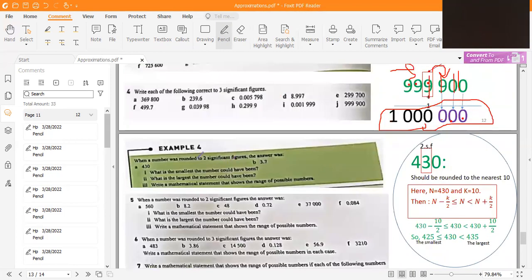When a number was rounded to 2 significant figures, the answer was 430. So we have the answer of the rounding process, but we want to ask about the smallest number that could have been, or the largest one, and write a mathematical statement that shows the range of possible numbers.